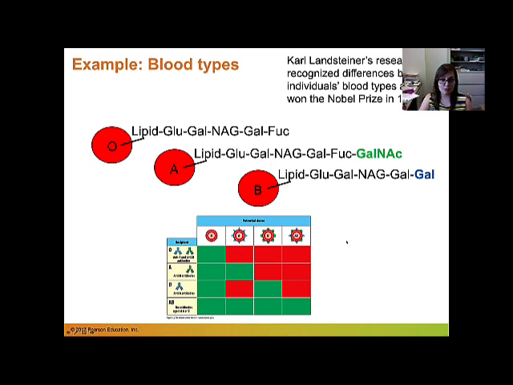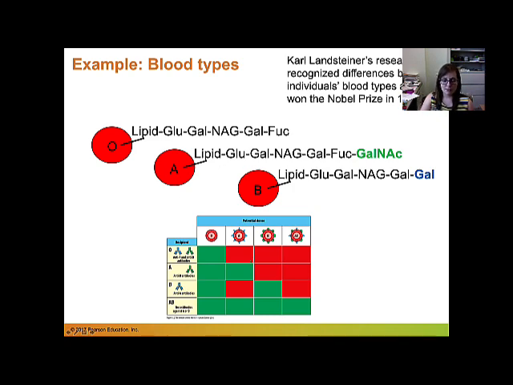And the reason this is important is that our immune cell, if we have an O blood type, we recognize A and B blood types as foreign, and our immune system rejects those blood types, right? Whereas if we donate O to this A and B, it doesn't have any extra modifications. So if you're an O blood type, you can donate your blood to anybody. You're a universal donor, right?